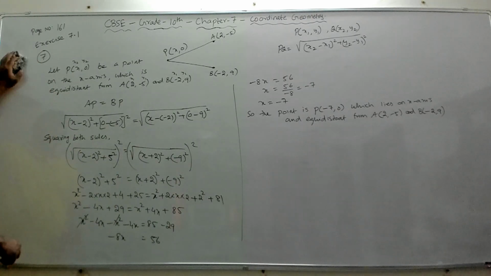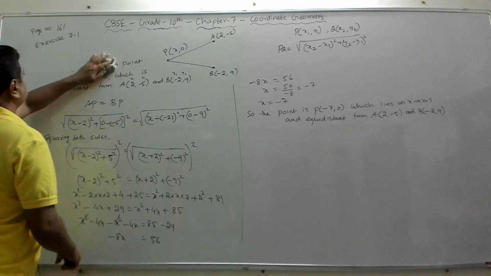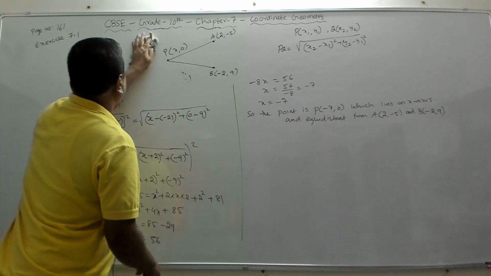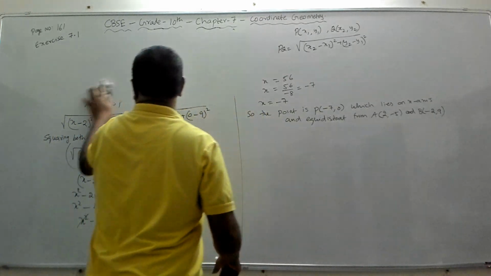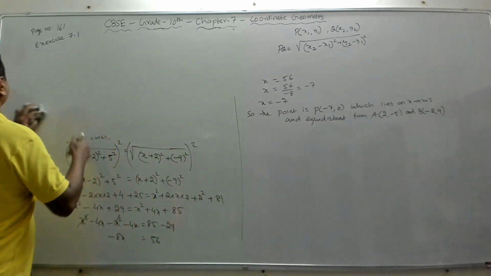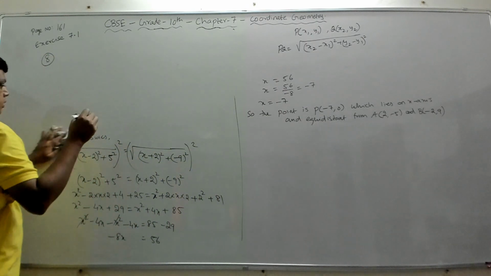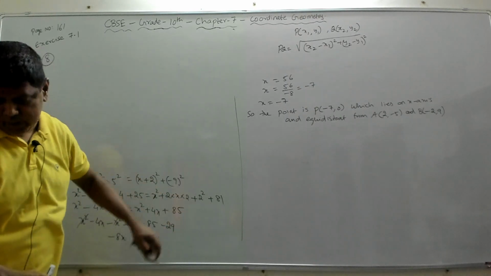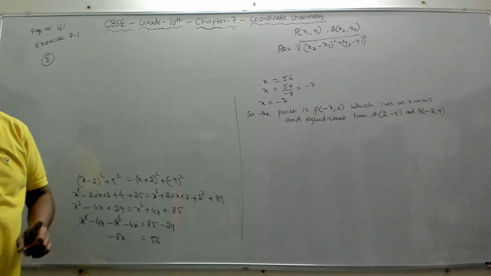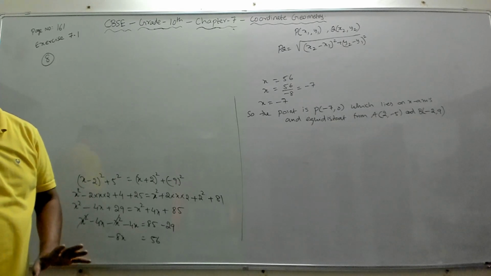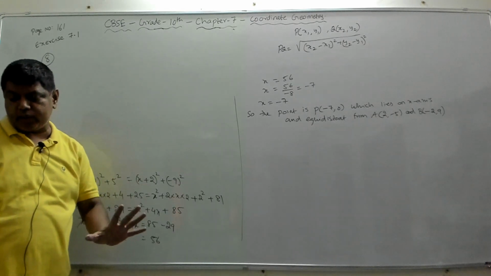Okay, I'll erase this. We'll go to the 8th problem. So the 8th question is, again it says, find the values of y for which the distance between the point P of 2 comma minus 3 and Q of 10 comma y is 10 units.